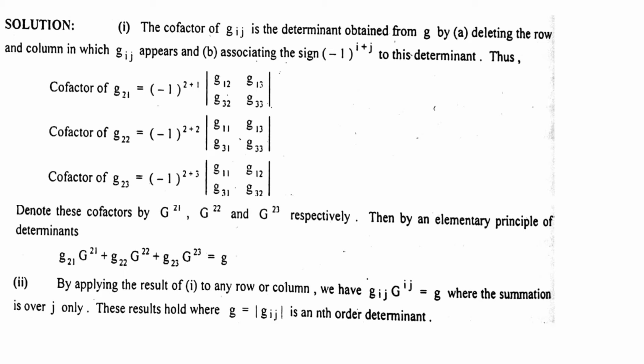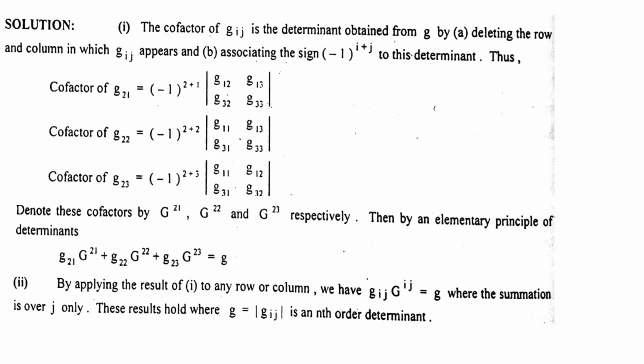Now we find the cofactor of g23, which is (-1) to the power 2 plus 3, since the position of g23 is second row and third column, times the determinant after deleting the second row and third column, so we remain with g11, g12 and g31, g32.